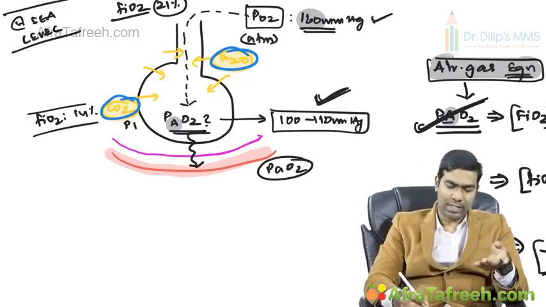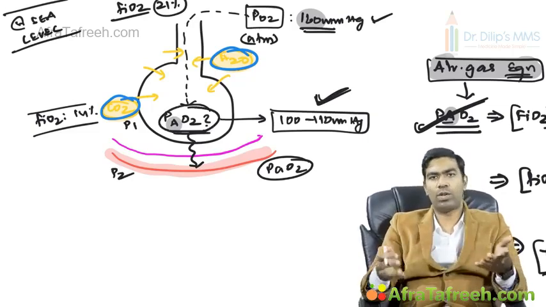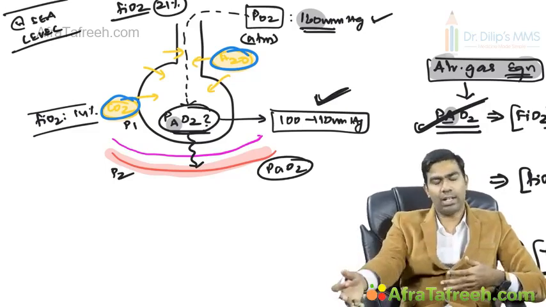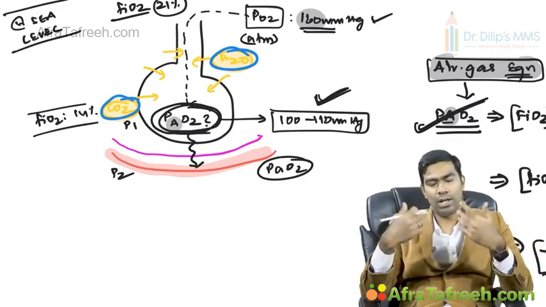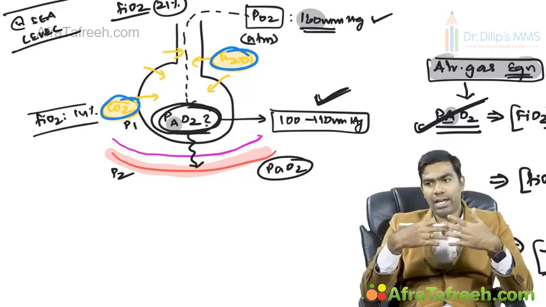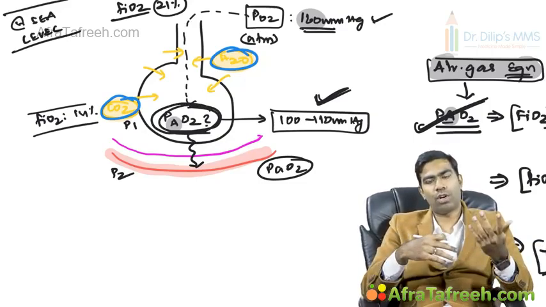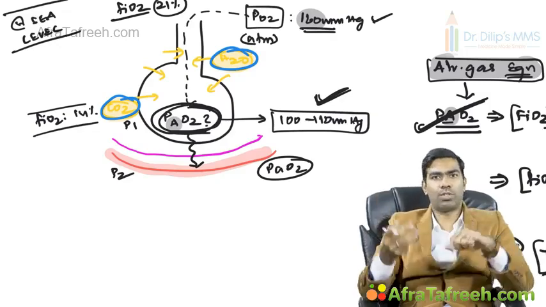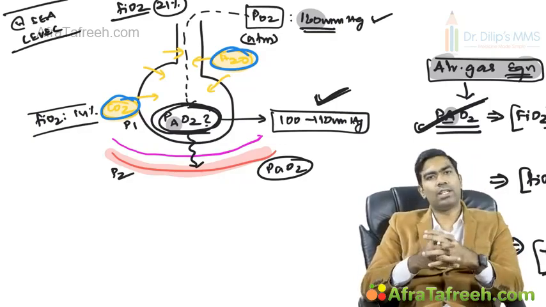Because if you take this surface as P1 and this surface as P2, this always has to be more, then only oxygen will diffuse into the other side of the barrier. If in the alveoli the partial pressure is low and in the artery the partial pressure of oxygen is high, it's impossible, because that will result in movement of your oxygen towards the atmosphere. That is not going to be genuine in the first place.